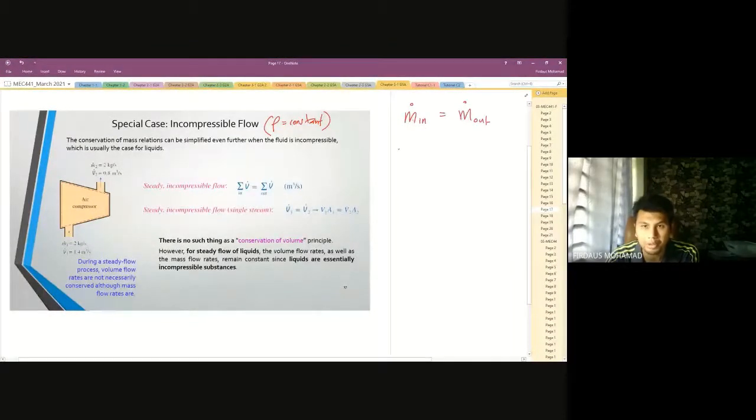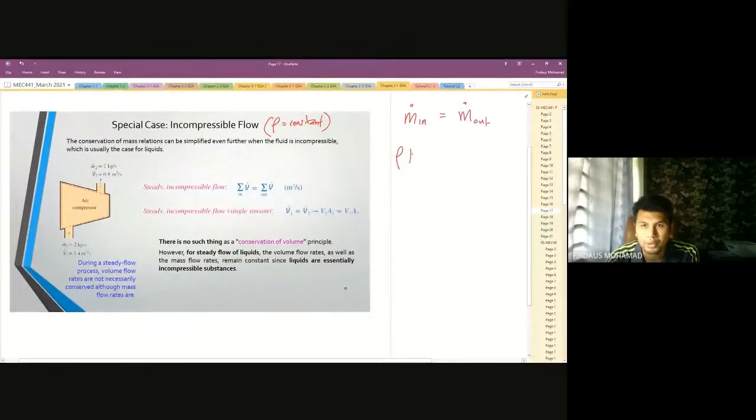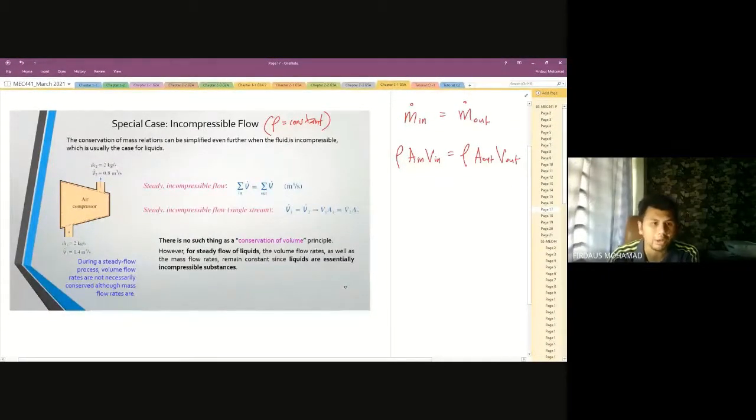M dot in is rho A in V in, equal to rho A out V out. So now for incompressible flow, rho is constant.